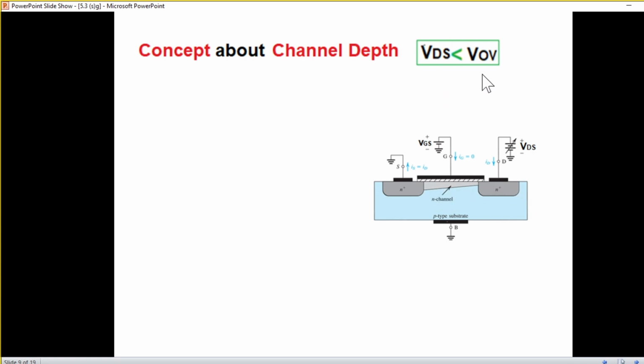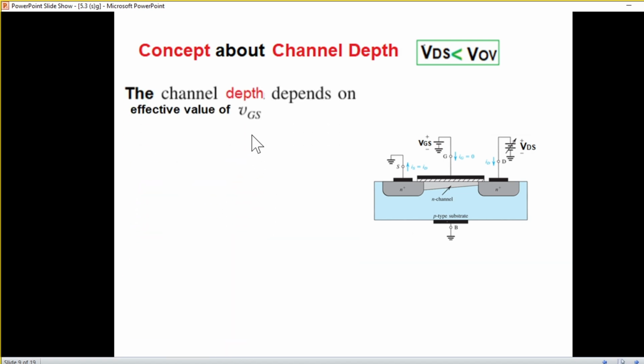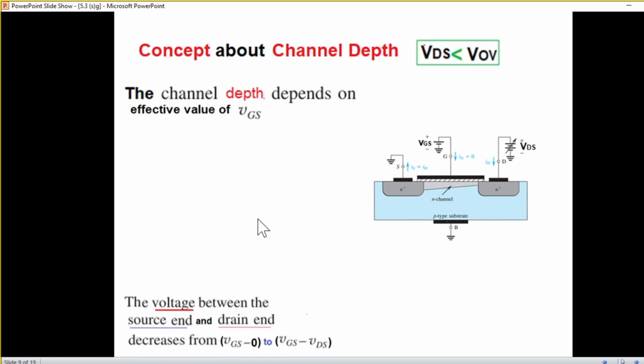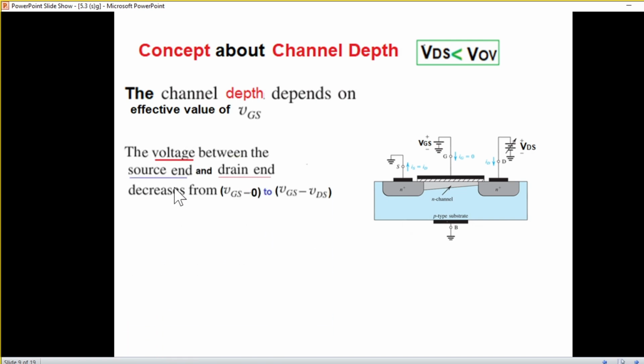So for this condition, the channel depth depends on the effective value of VGS applied through the channel. Now, the voltage between the source and drain decreases from VGS minus 0 to VGS minus VDS.